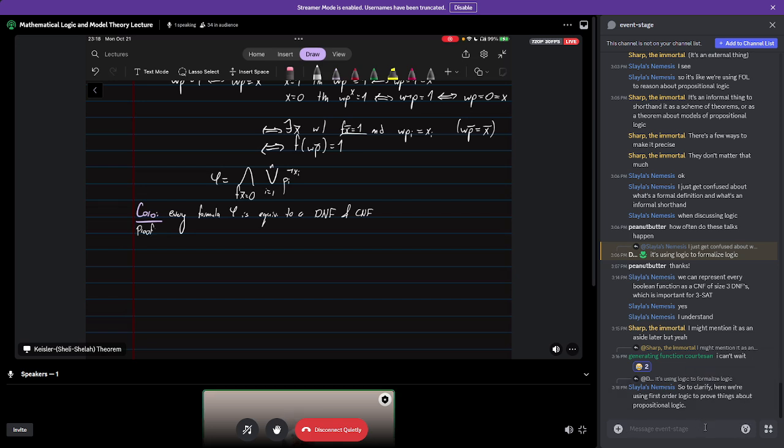The proof of this is that phi represents a function which is represented by a DNF and CNF. And what I said before is that if two formulas represent the same function, then they're equivalent. So phi is equivalent to these DNF and CNF.